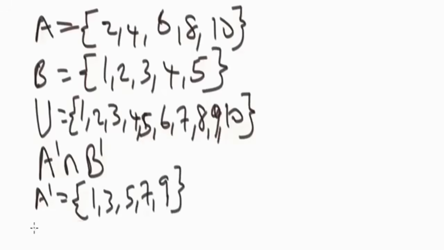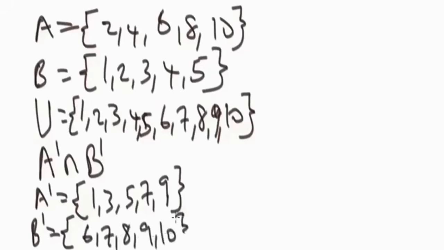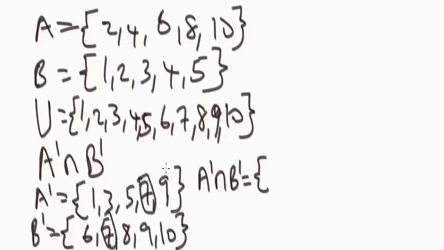Our B complement will be the values in the universal set not in set B, so we have 6, 7, 8, 9, and 10. A complement intersect B complement will be the common values in A complement and B complement. We have 7 here and also 7 here, 9 here and also 9 here. So the intersection will be 7 and 9.